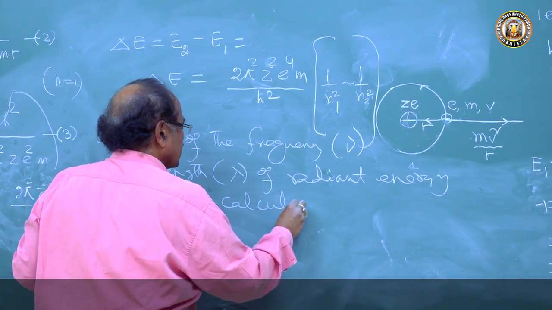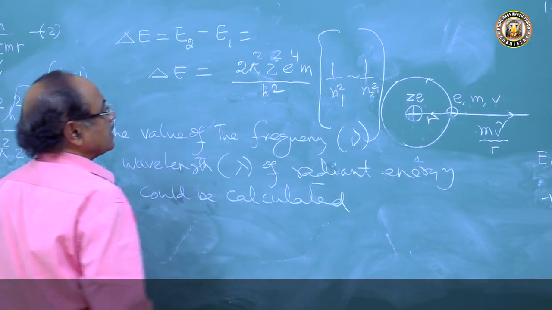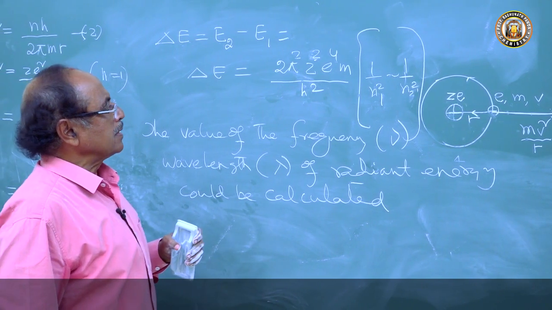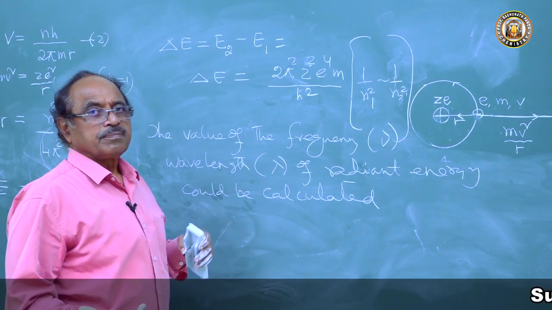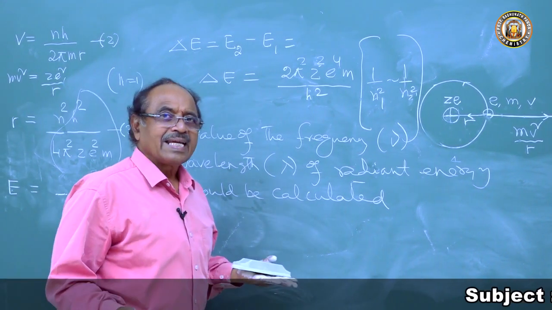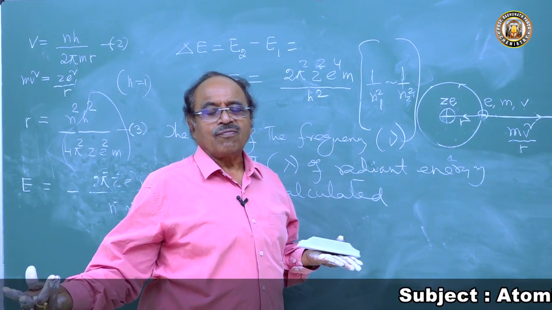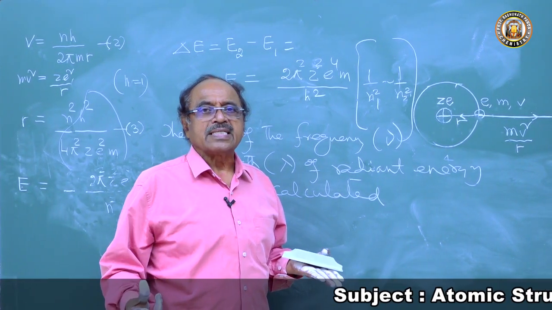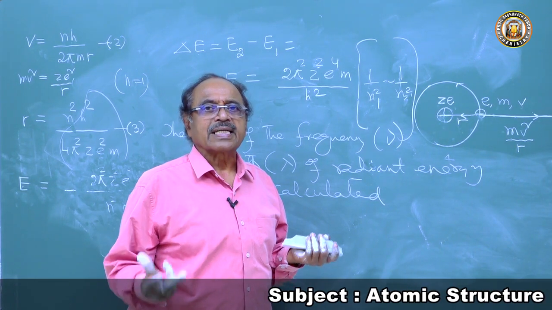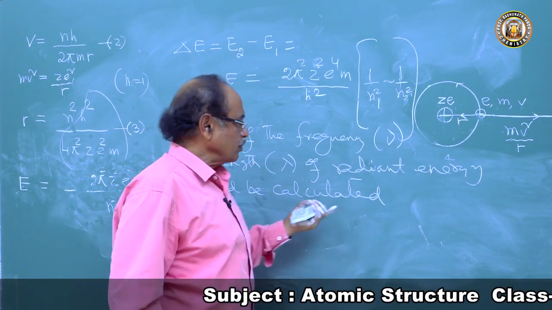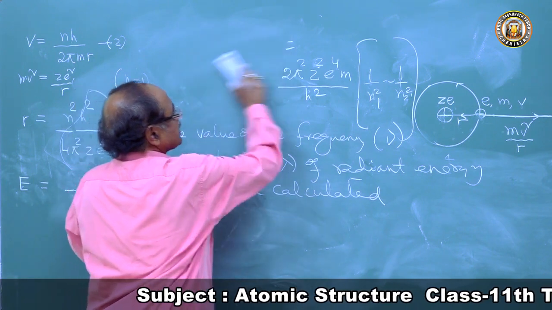He could calculate the frequency of the energy the electron has to absorb, or the wavelength of the energy the electron has to absorb. So he could calculate that. Why? Because it's known.